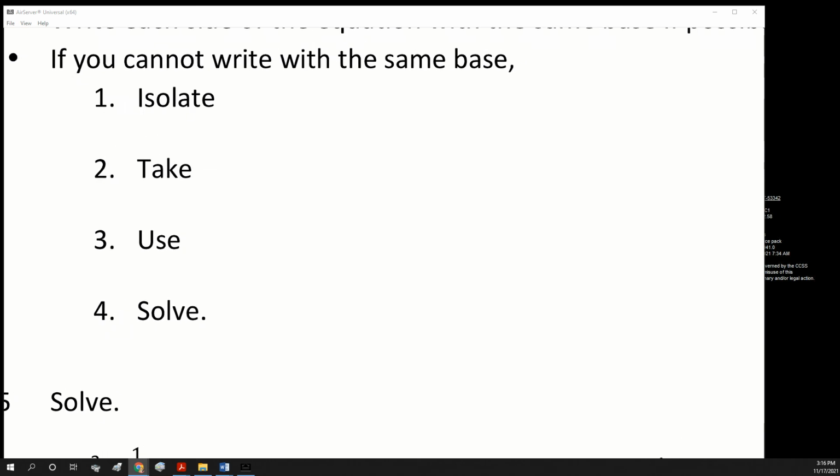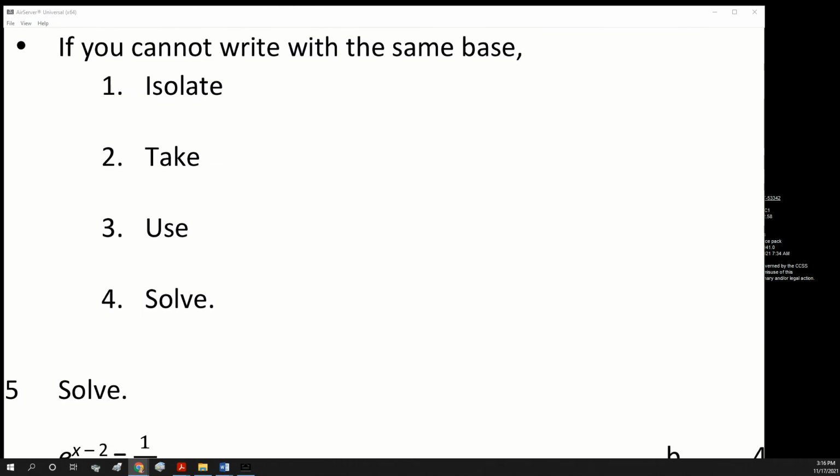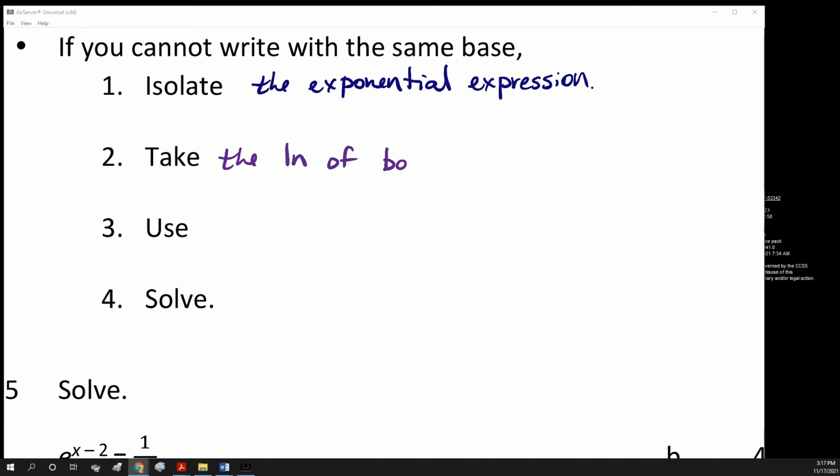All right. So if you cannot write the equation with the same base, what we're going to do is isolate the exponential expression. That's just using addition or subtraction, division, or whatever to get the exponential expression alone. Then you're going to take the natural log of both sides.